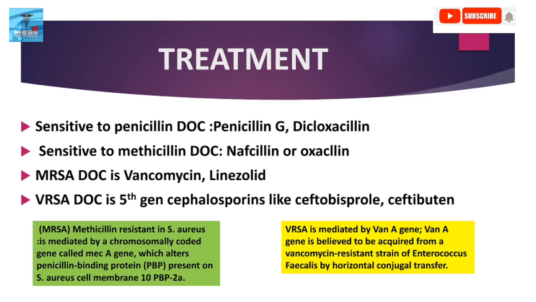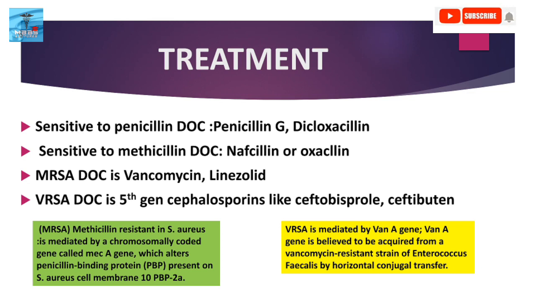Then MRSA, the drug of choice is vancomycin, linezolid, etc. MRSA means methicillin resistant Staph aureus, and in VRSA, that is vancomycin resistant Staph aureus, the drug of choice is fifth generation cephalosporins like ceftobiprole, ceftaroline, etc.